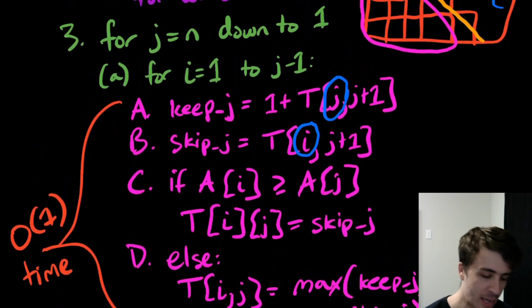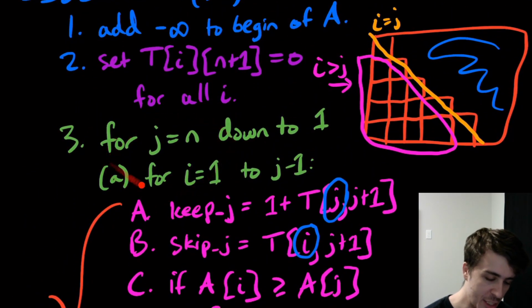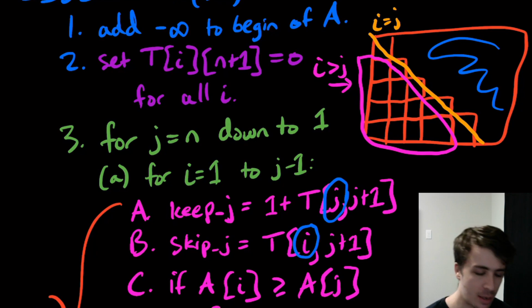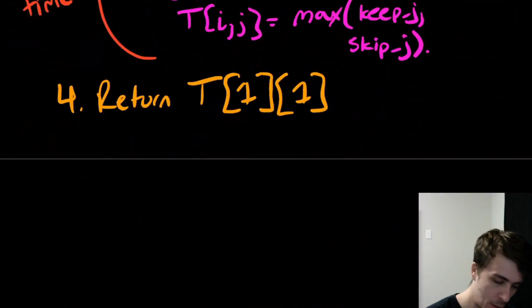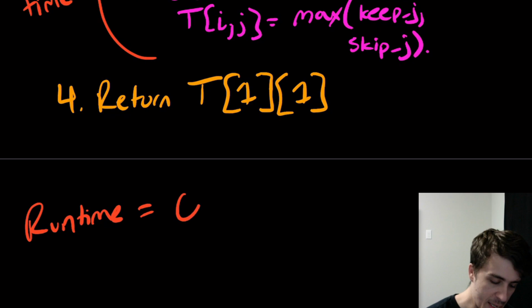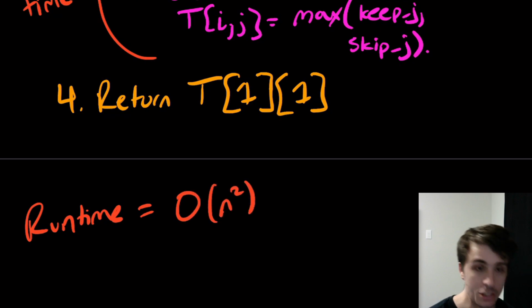The real work is in this part. Setting up the table is not the main workhorse. It's this one right here. So j takes order n time, and i takes order n time. So n times n is, in fact, n squared. So the runtime here is big O of n squared.